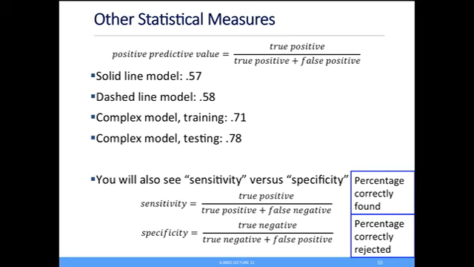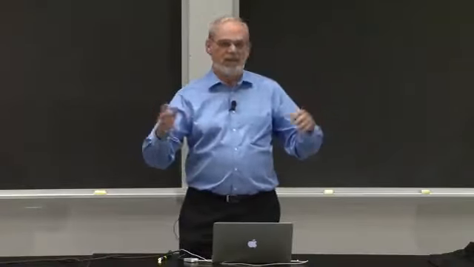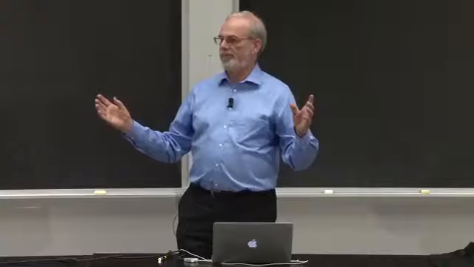And I show you this because this is where the trade-off comes in. Sensitivity is how many did I correctly label out of those that I both correctly labeled and incorrectly labeled as being negative. How many of them did I correctly label as being the kind that I want? I can make sensitivity 1. Label everything as the thing I'm looking for.